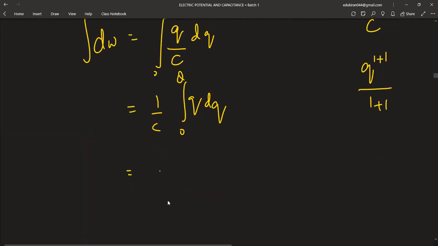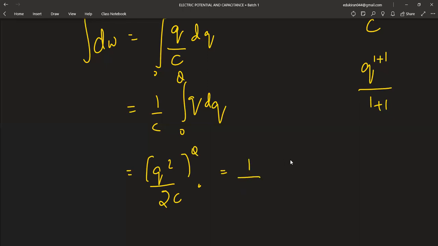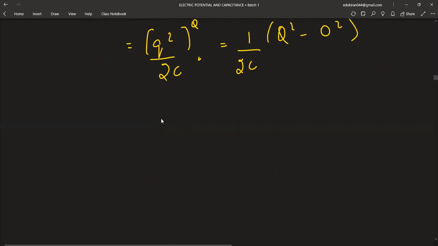This is equal to Q square by 2, with C also present, from 0 to Q. This becomes 1 by 2C, where C is common, times Q square minus 0 square. So finally, you will have the formula of the change in potential energy as Q square by 2C.